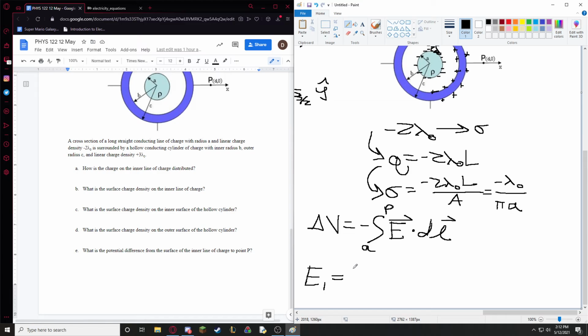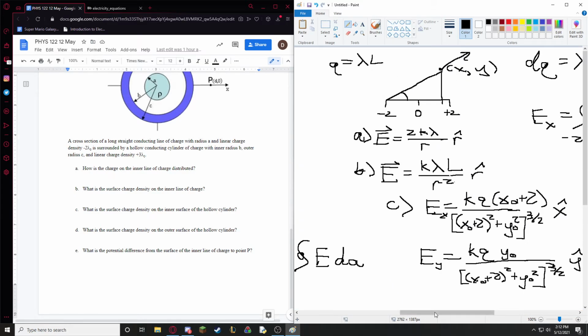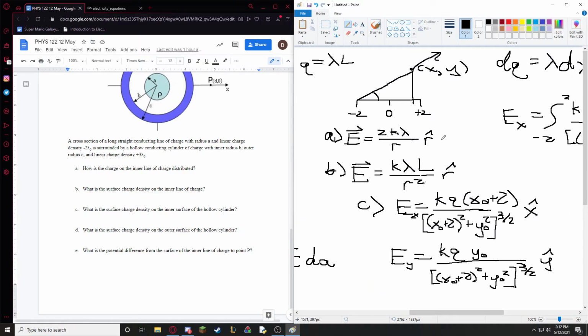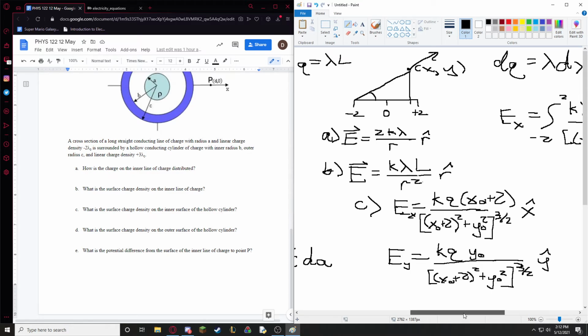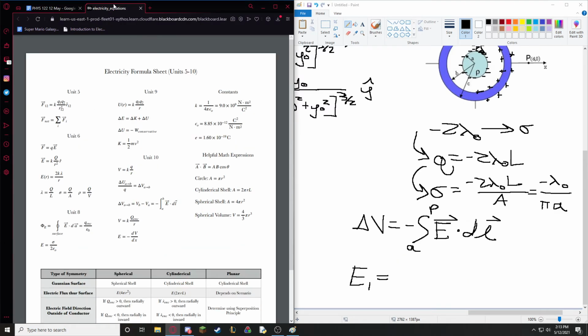What's the electric field due to an infinite line of charge? Well, you can get it from your formula sheet, Unit 6. It's going to be 2k lambda over r.